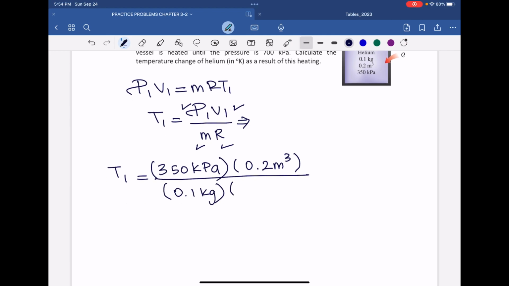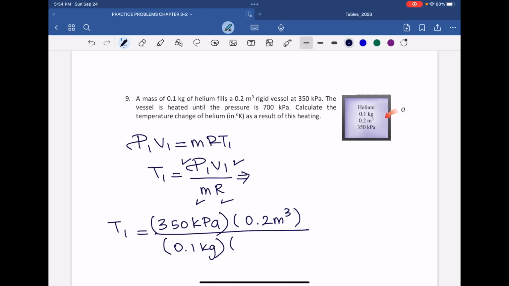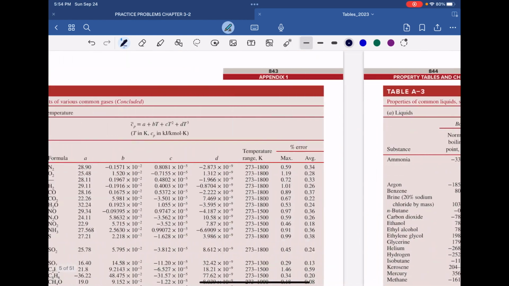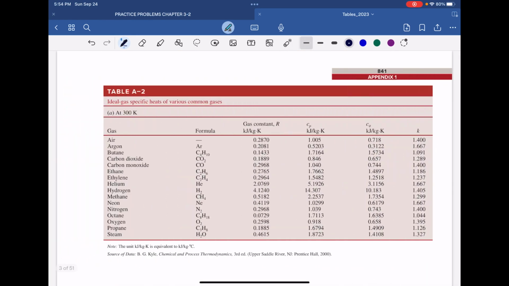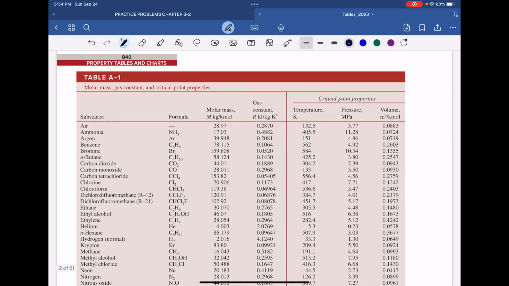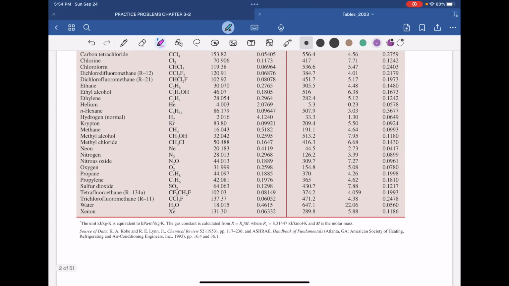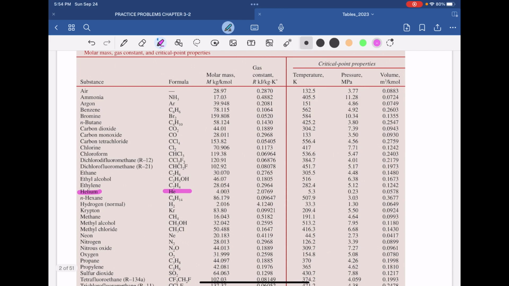and R we should be able to look at from table A1. Let's take a look at it together actually, in case you're wondering how that happens. Table A1 is here, we find helium here, right, and R is right there.